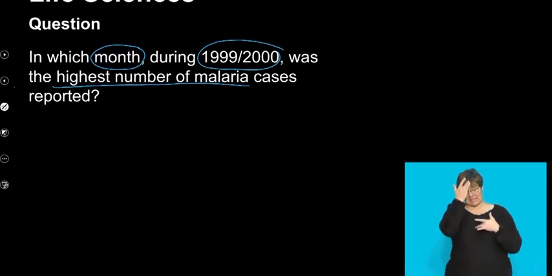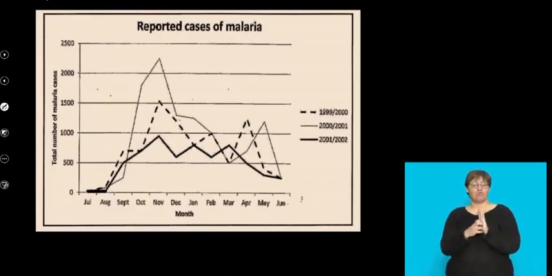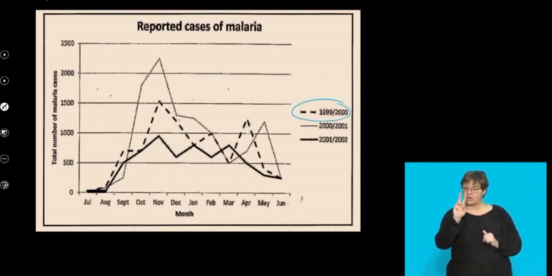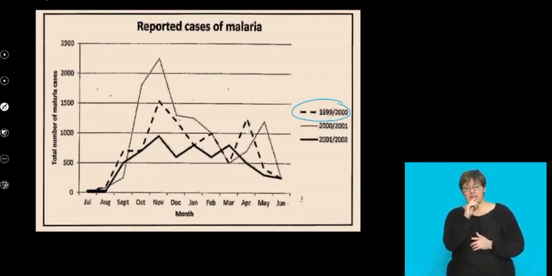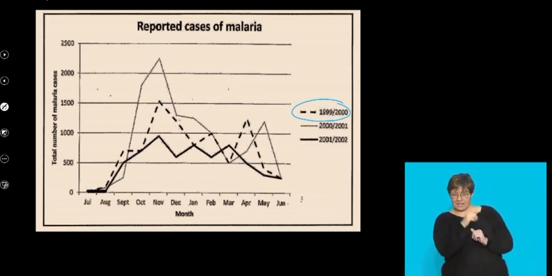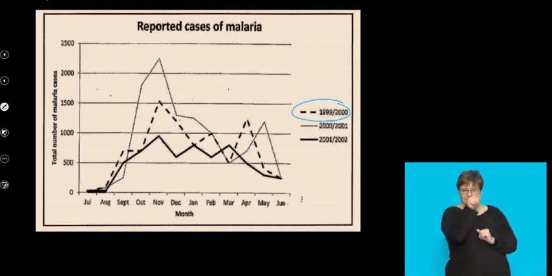So if we have a look at the graph, the first thing we need to do is look at the 1999 to 2000. Those are the big, thick, dotted lines. We must go to the highest number of cases. So that's the peak of the graph. So that's going to be over here. And we take our ruler and we draw a line all the way down to the bottom.